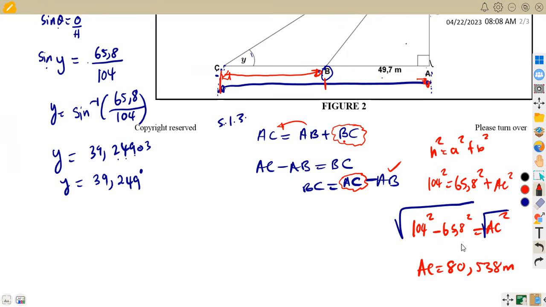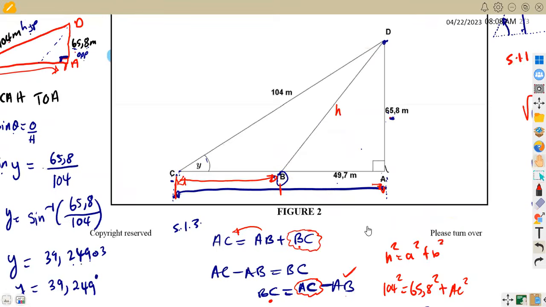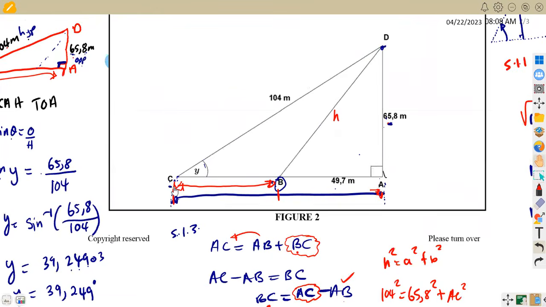So remember, the purpose of calculating AC is because we need this value to obtain BC. So we can substitute now the value of AC into the formula, because already we have made this the subject. Remember, this is our BC, guys, from B to C. So if we remove this 49,7 from AC, we remain with BC. That is the idea.